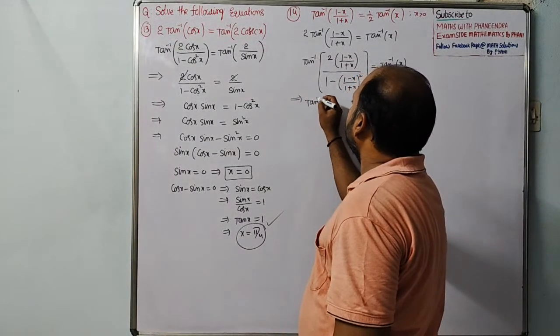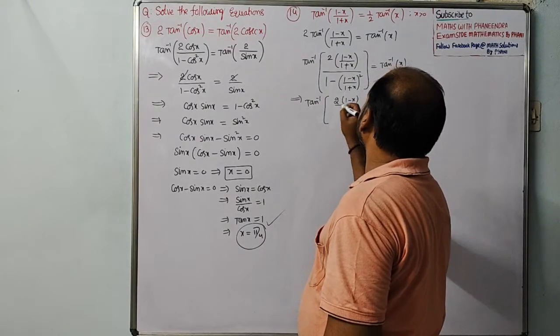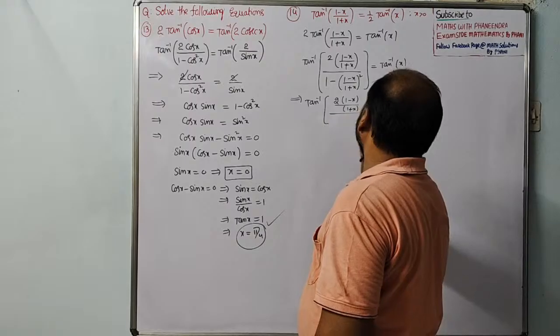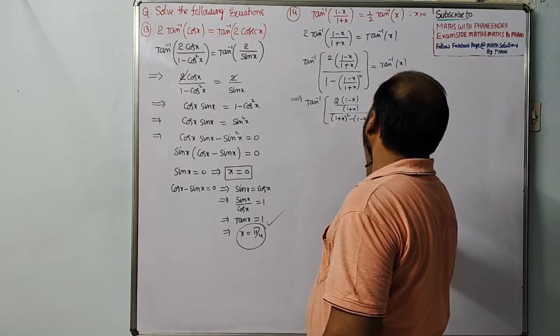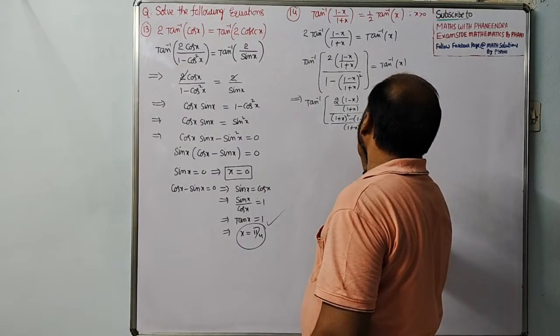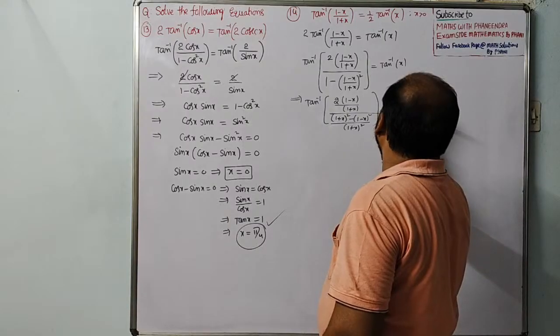So tan inverse of 2 into (1 minus x by 1 plus x) whole divided by ((1 plus x) whole square minus (1 minus x) square) by (1 plus x) whole square is equal to tan inverse of x.